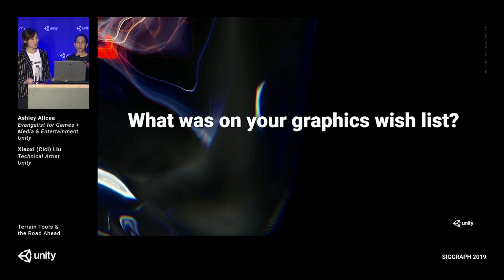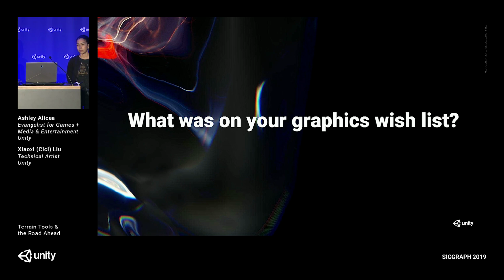But before we jump into the new features, let's step back a little bit to 2018 to see what has been leading us to today. Early 2018, we conducted a survey of our users, asking what was on their graphics wishing list. We got nearly 900 replies.